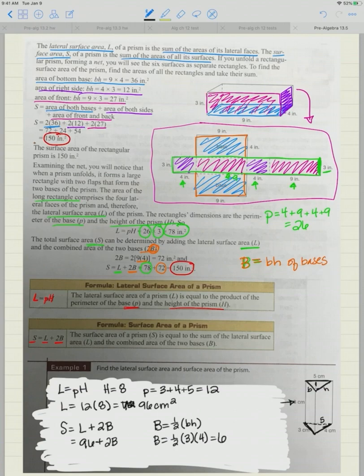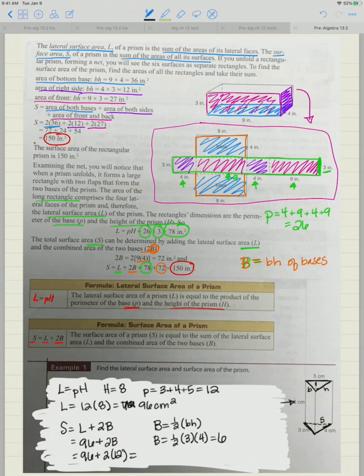So back over to our formula, big S is equal to lateral surface area plus 2 times the area of the base. So 96 plus 2 times the area of the base is 12.